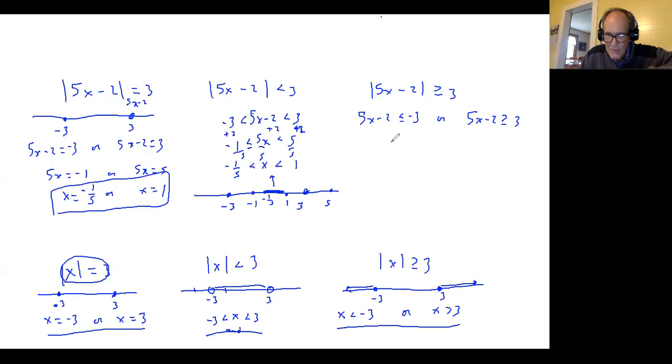And we've done this work right here, so we end up with x less than or equal to negative 1/5, or greater than or equal to 1. And that graph, again, is going to look something like this.